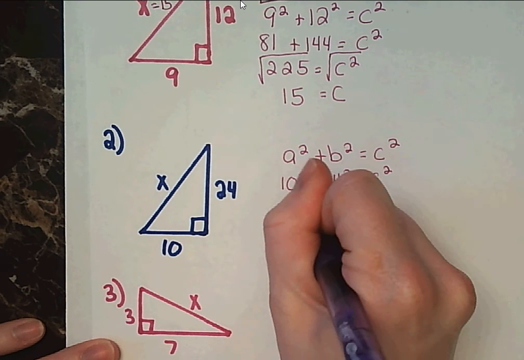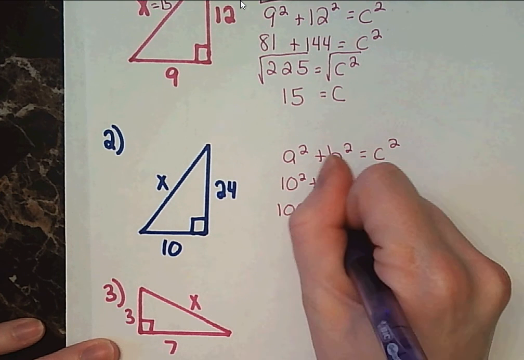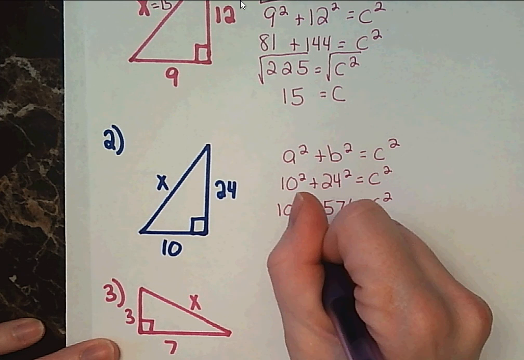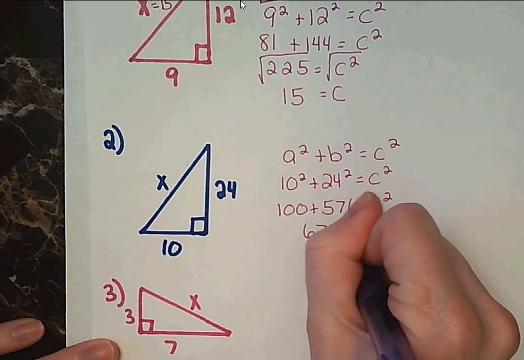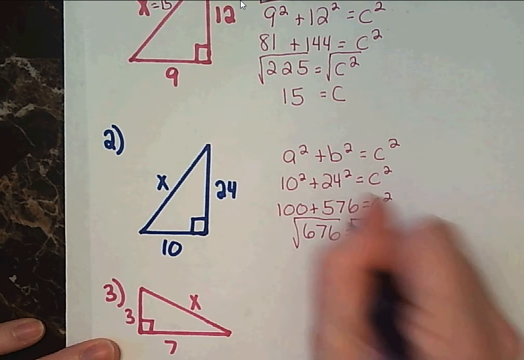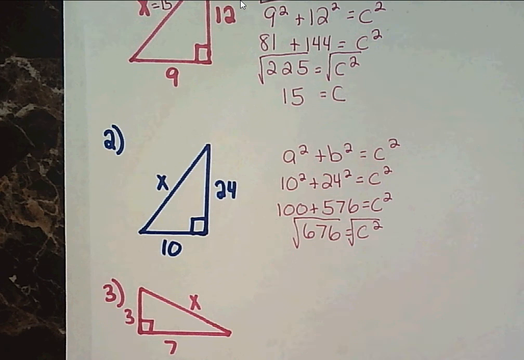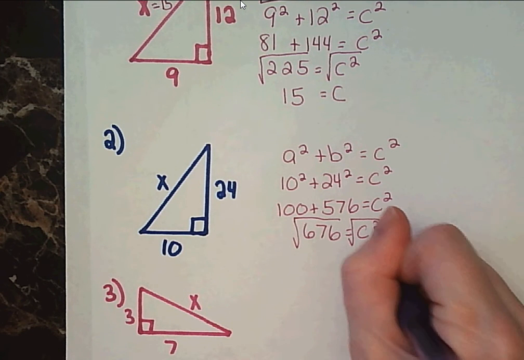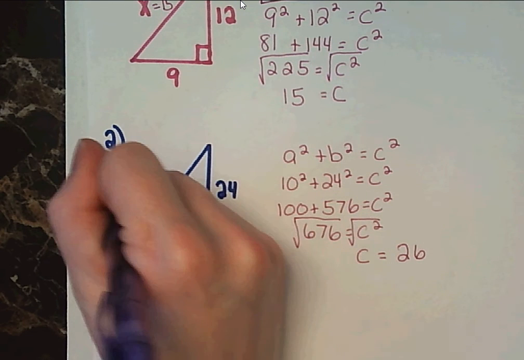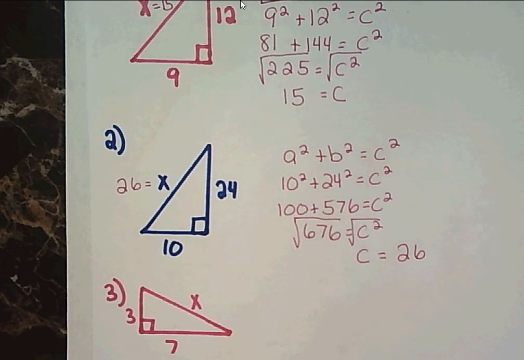So that's 100 plus 576 equals c squared. It's just a lot of math here. And we have 676 equals c squared. Once again, last step is square root. So the square root of 676 would be c is equal to 26. That means our hypotenuse here is 26.